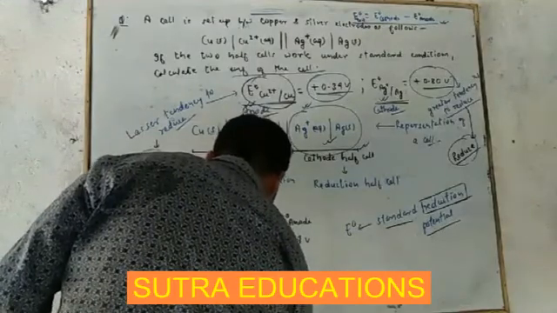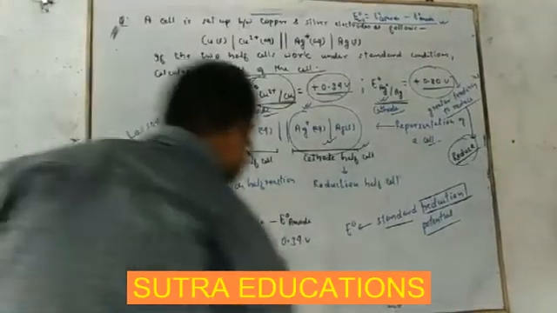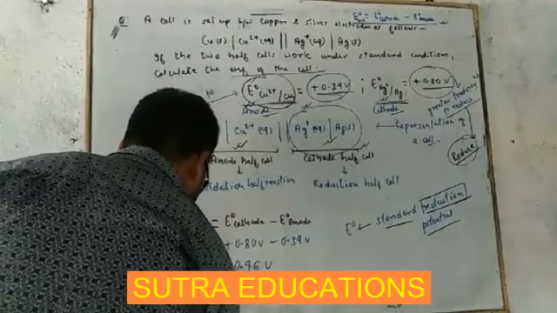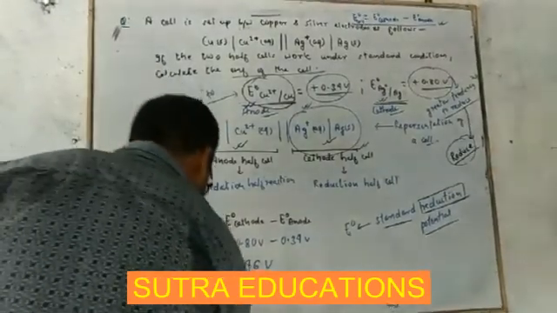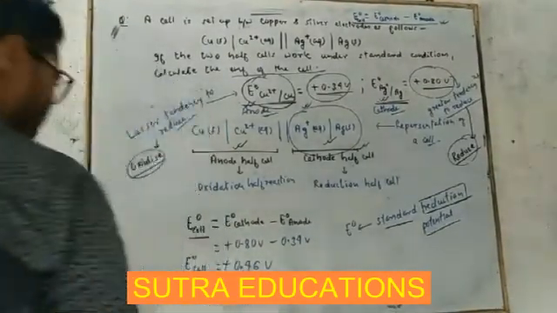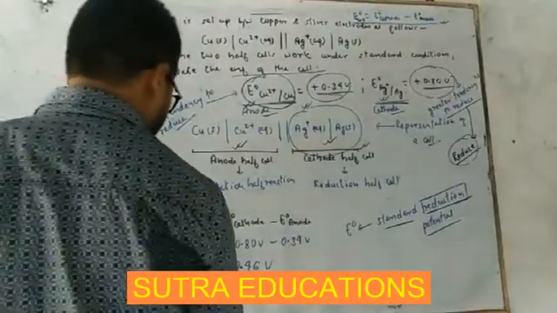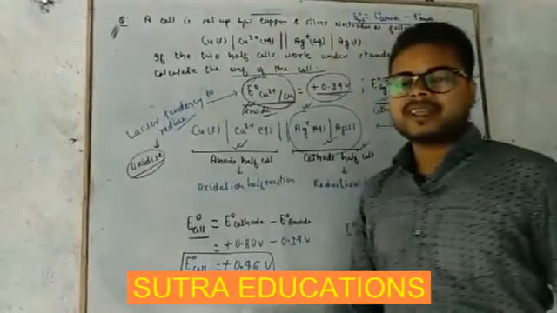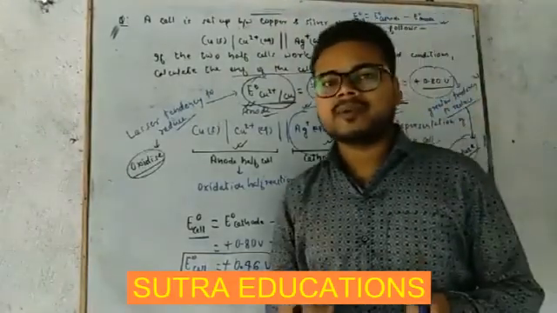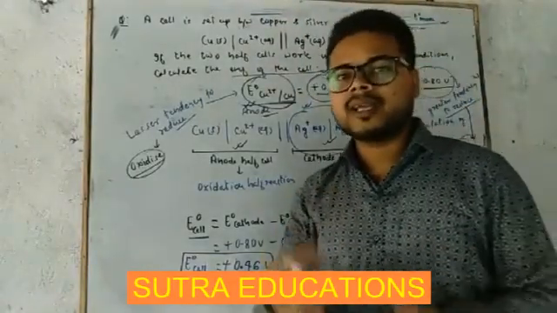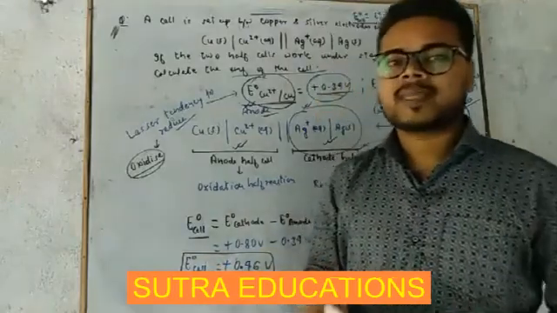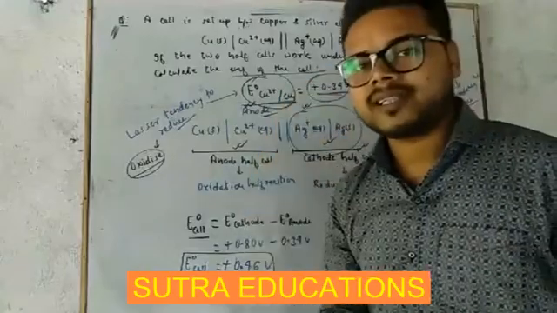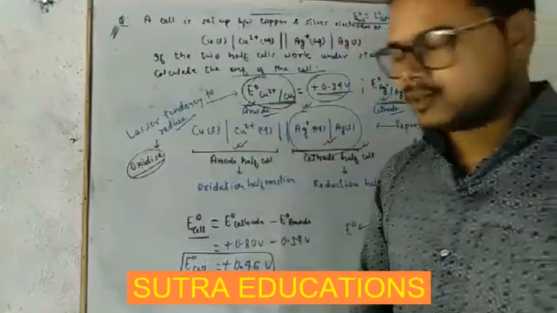So E naught cell, the standard EMF of the cell, is equal to plus 0.46 volt. This is very interesting. You only have to distinguish between the cathode and anode, which one is going to reduce and which one is going to oxidize. Getting this? Come to the second question.